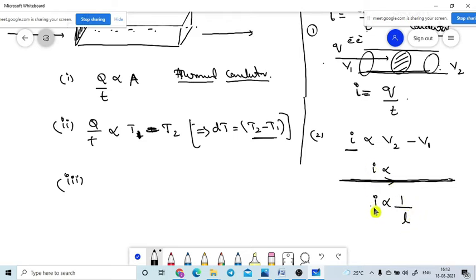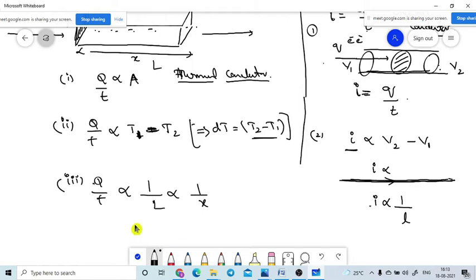In a similar manner, the thermal current Q by T is inversely proportional to the length of the conductor, capital L. In some textbooks they use X also, so let's assume I am taking X.